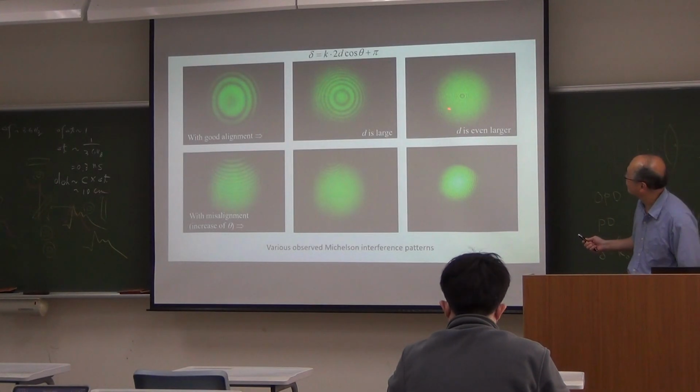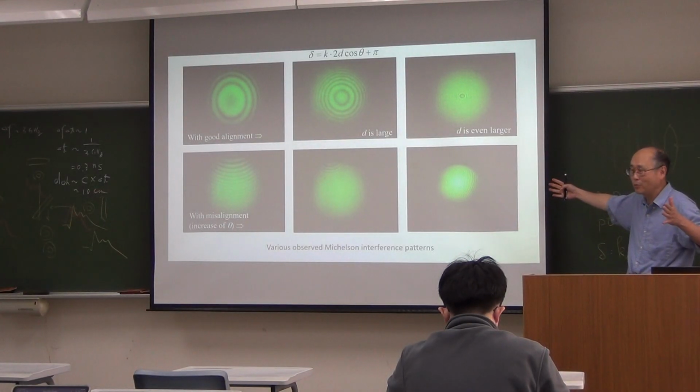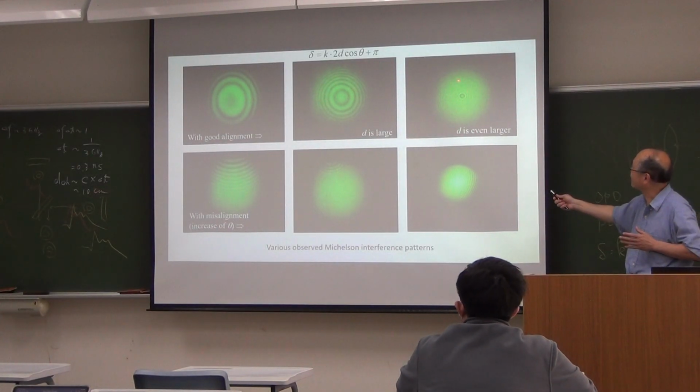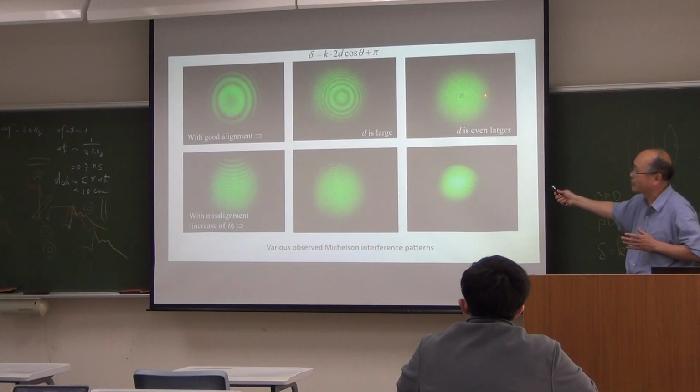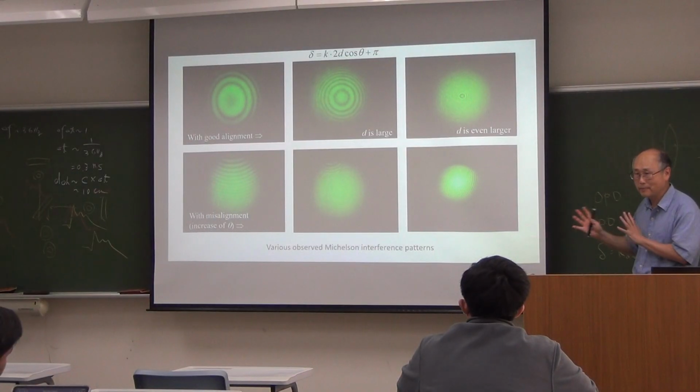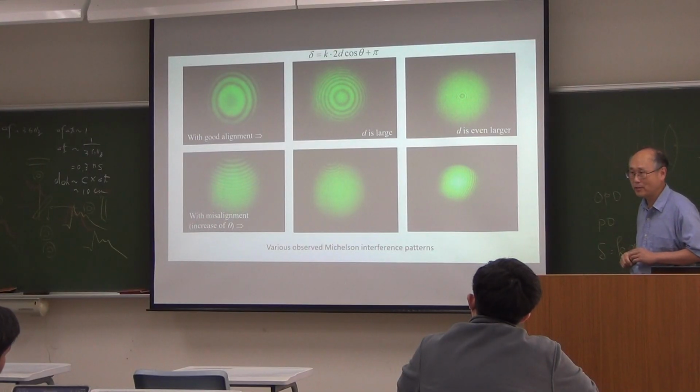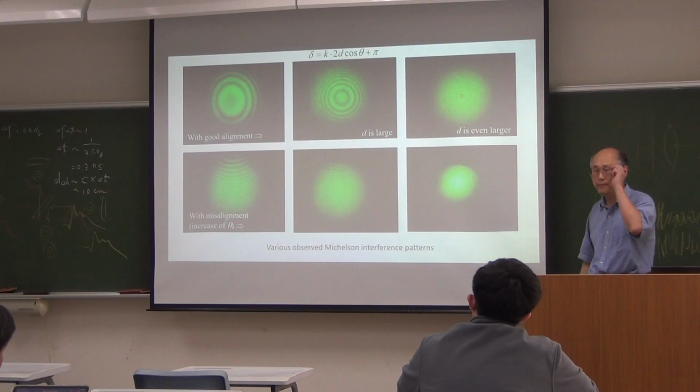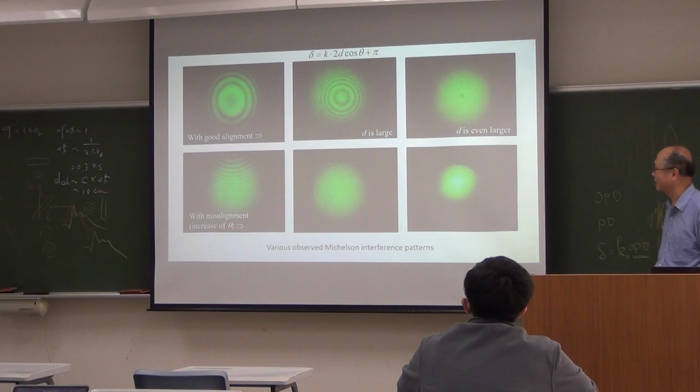So if you separate the two arms to a large distance, then you see the density of the fringes become big. And again, I did this experiment by myself, and I took all those photos. It's a fun experiment. If you have misalignment of the two beams, then you see that the interference fringes become asymmetric.